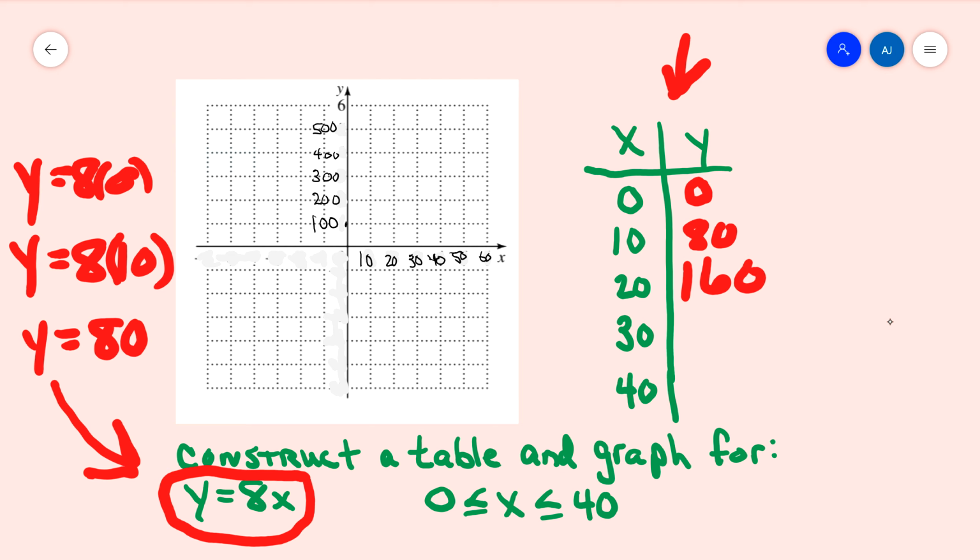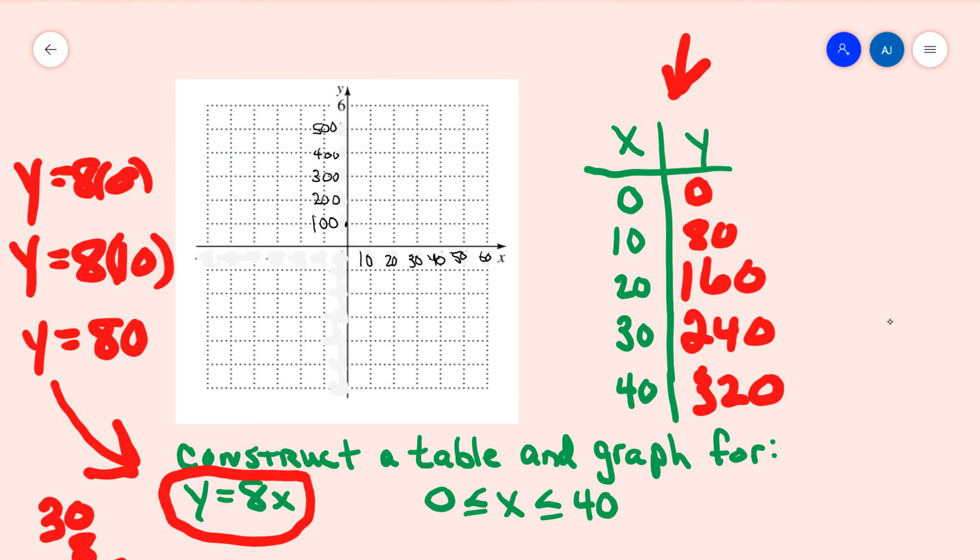Okay? When x is 30, that's going to mean 30 times 8, which is 240. All right, and plug that in. And the last one, when x is 40, y is going to be 320. Okay, good enough.